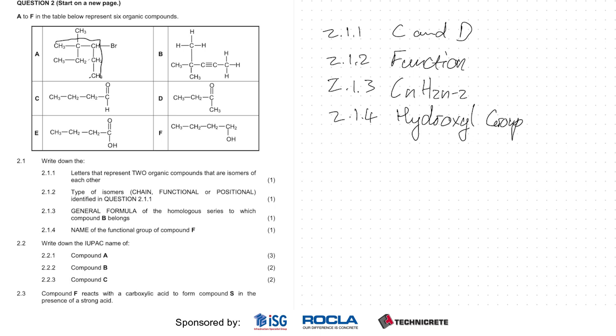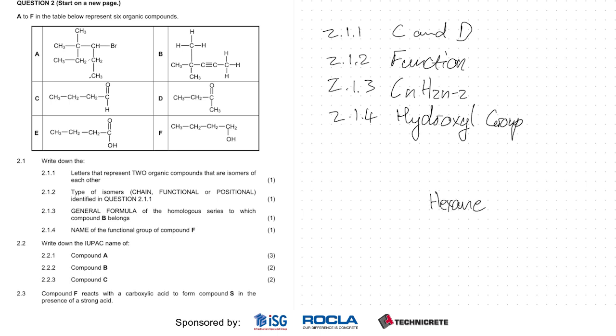Okay. And we have how many? 1, 2, 3, 4, 5. Actually, no, that isn't the longest chain. The longest chain is actually this one. Which is actually 6 carbons. So hexane is our root molecule.